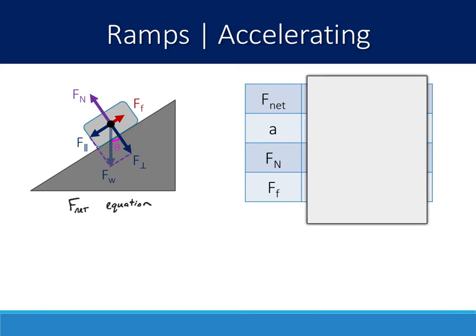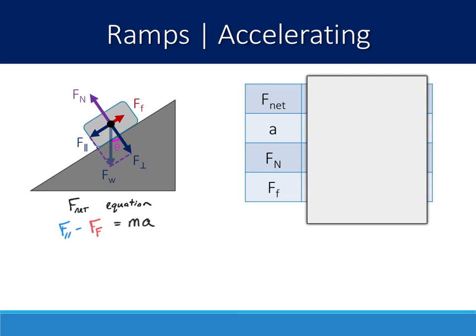All right. Now, if we have something that is accelerating, once again, we'll come back to this net force idea. Force net is the force of friction and the force parallel combining together. So if I look at my parallel force, force parallel minus force friction is going to equal the mass times the acceleration of the block.